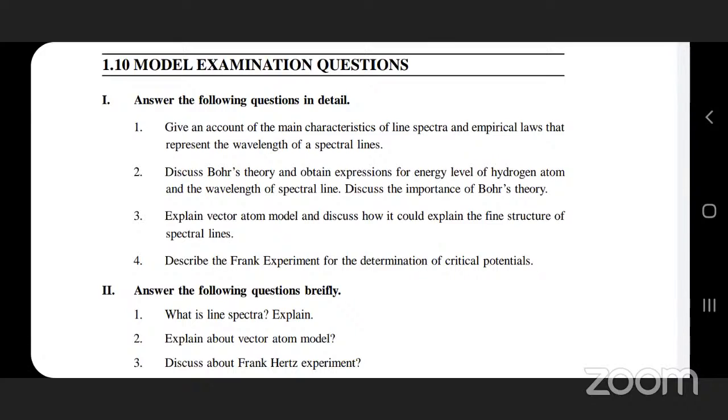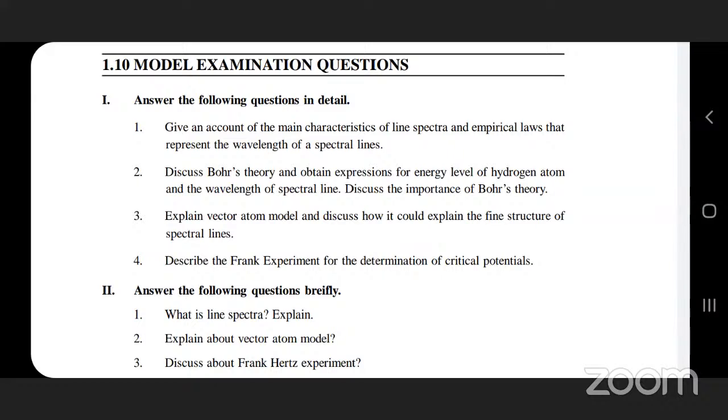After the expression, you need to write what the total kinetic energy or potential energy is, calculated for the hydrogen atom. You also have to draw the spectral lines of the hydrogen atom and give their importance. Later, the vector atomic model and how it could explain the fine structure of spectral lines.